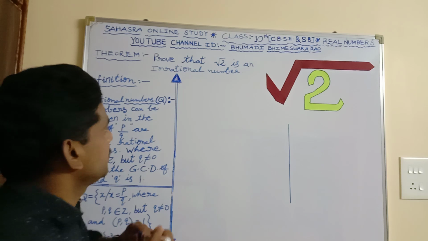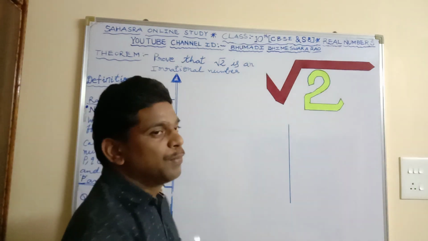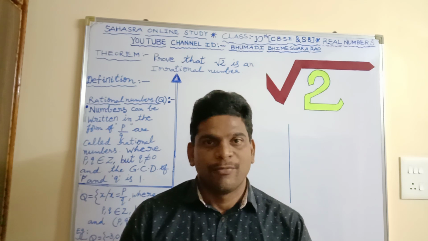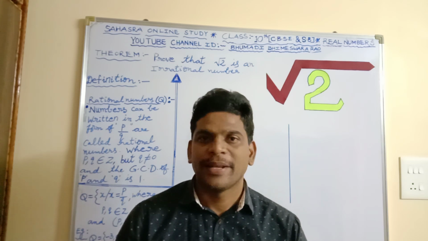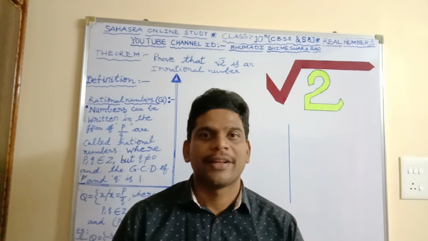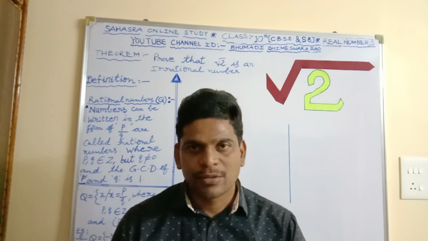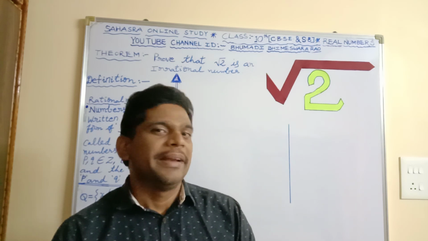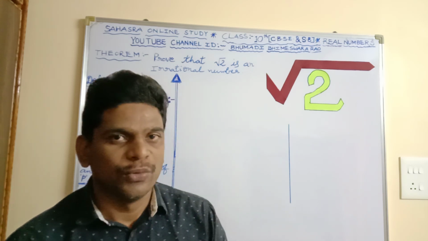Okay, let us see. To prove any theorem, there are two methods. One is the direct method of proof and the other one is the indirect method of proof. I am choosing to prove this theorem by the indirect method of proof.